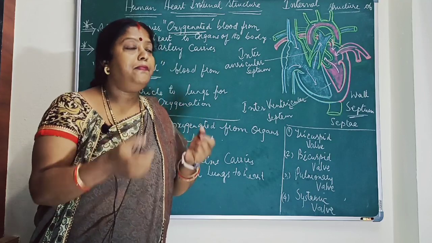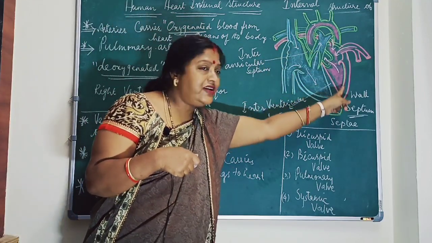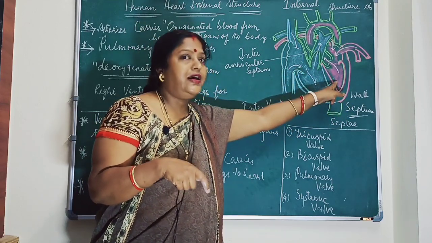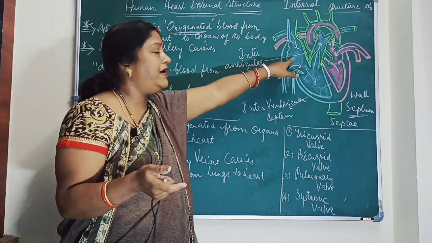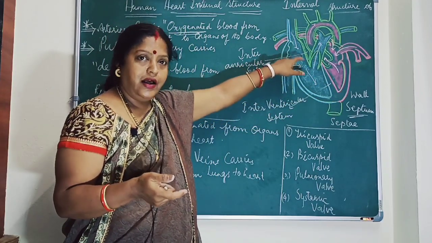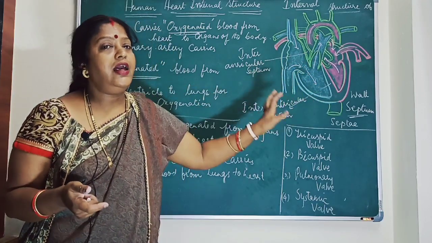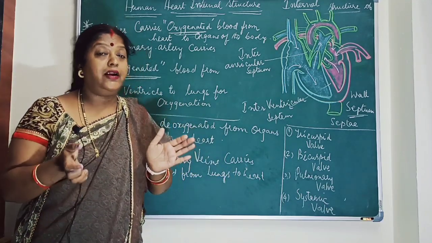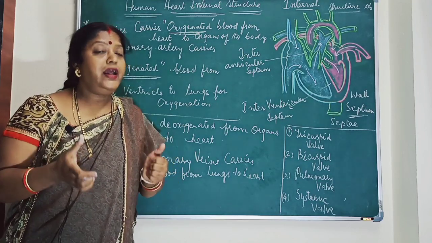Therefore the oxygenated blood in the left chambers, the left auricle and left ventricle, is separated from the deoxygenated blood in the right auricle and right ventricle. Did you understand, children? This is very essential. Separating the oxygenated and deoxygenated blood is for maintaining the body temperature.